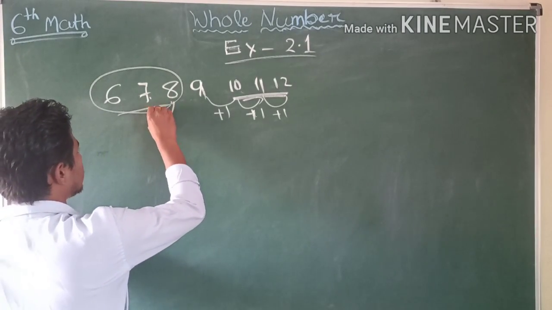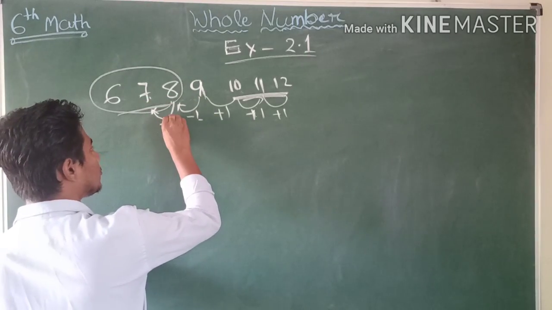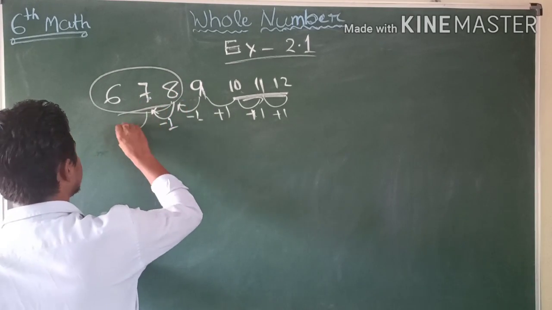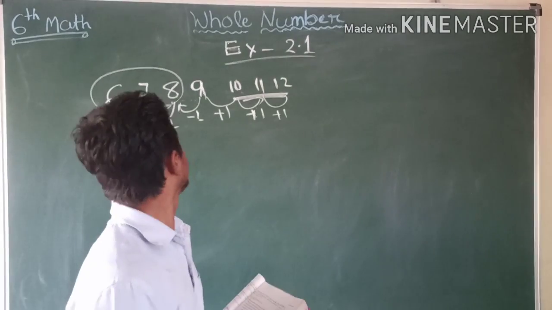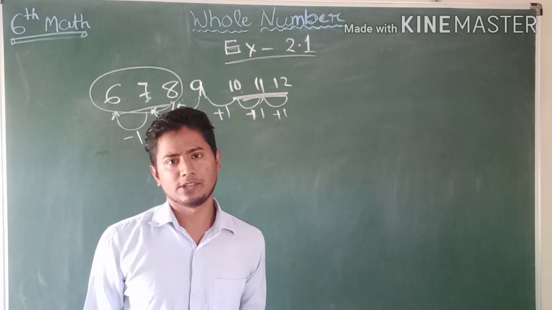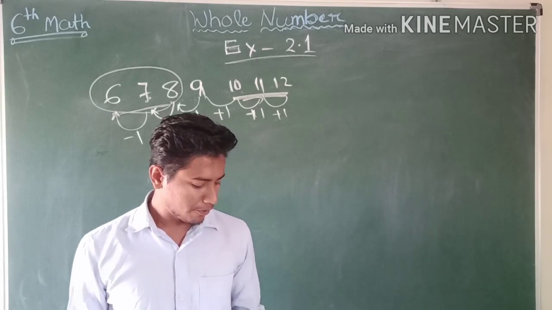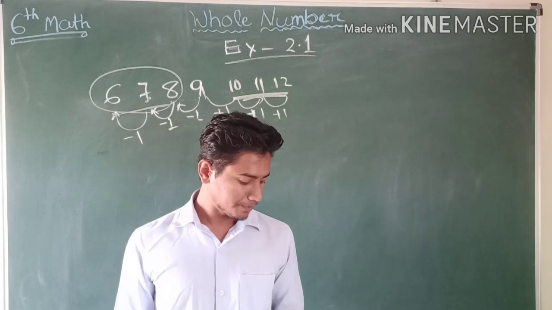You subtract 1 from 9, then you find 8. Then you subtract 1 from 8 and find 7. Then you subtract 1 from 7 and find 6. These are the basic things you already know, so you can solve by yourself. To find the next number you add 1, to find the before number you subtract 1.